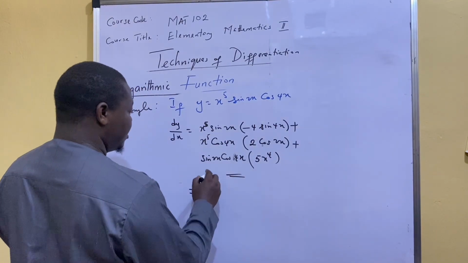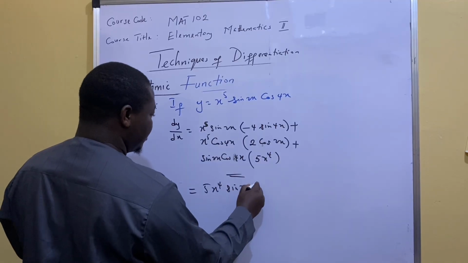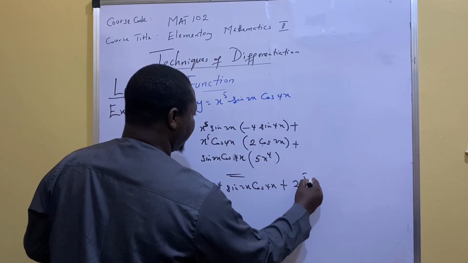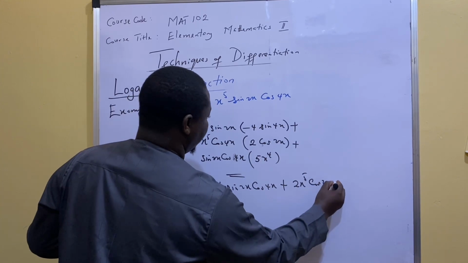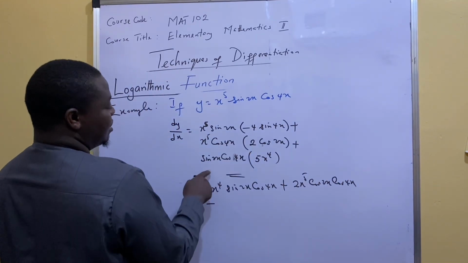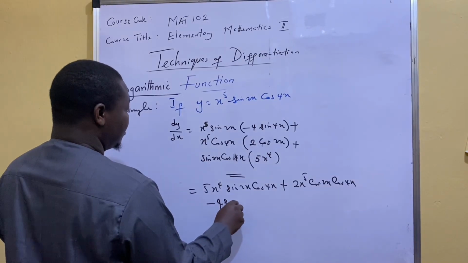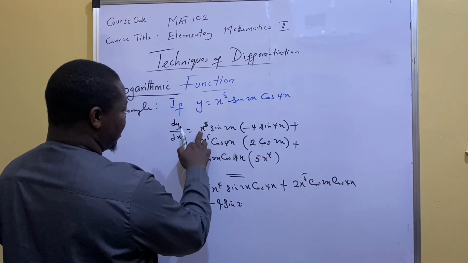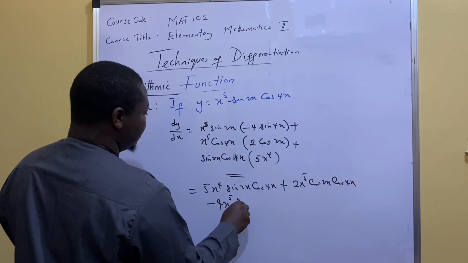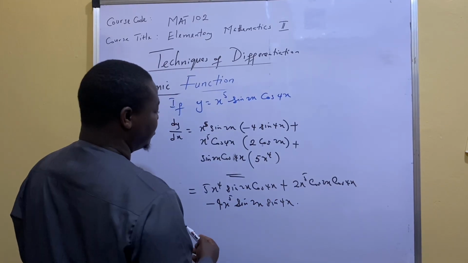So with one bracket, you're going to have 5x to the power 4 sine 2x cos 4x plus 2x to the power 4 cos 2x cos 4x minus, because of this minus, that's why I started from the last one, 4x to the power 5 sine 2x sine 4x.